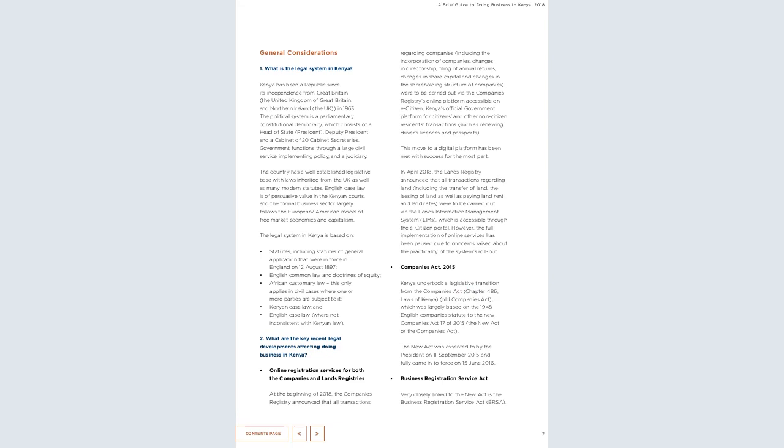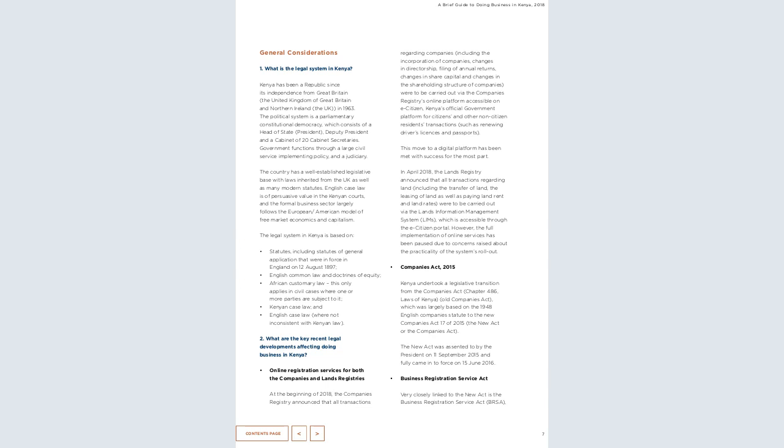Now, the legal system in Kenya is based on, number one, the statutes, including the statutes of general application that were in force in England in August 1897. So some of the things that we use in our country, Kenya, are things that we adopted from our colonizers, the UK, the Great Britain, when they colonized us.